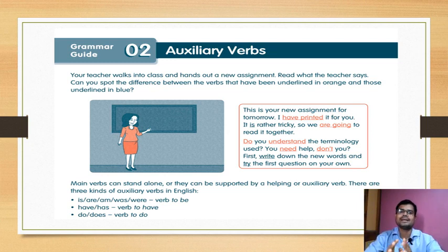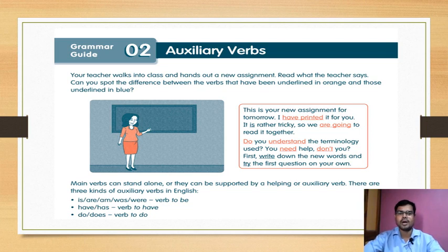All these, whether it is am, is, are, was and were, do, does, have, has, are auxiliary verbs, which means they are all helping verbs. They help the main verb to make a meaningful and complete sentence, correct? So let's take them one by one.